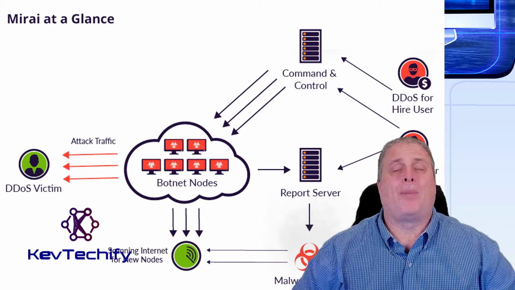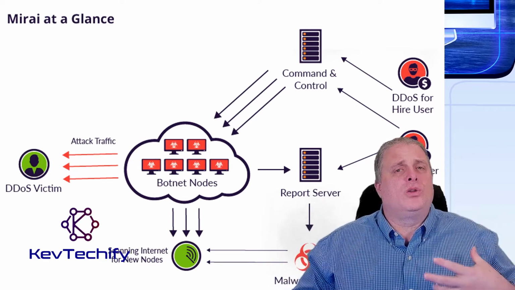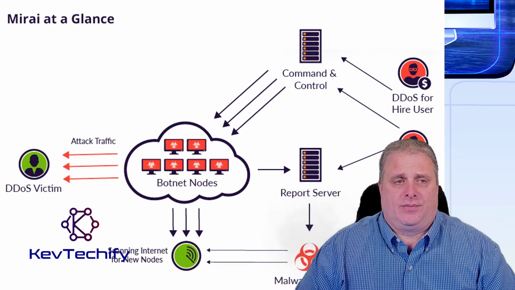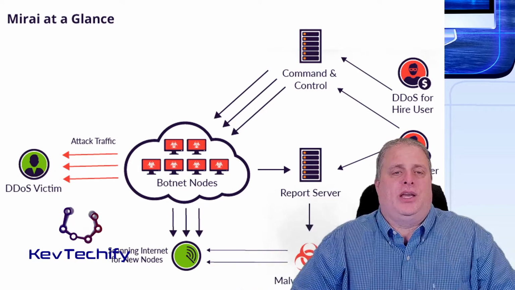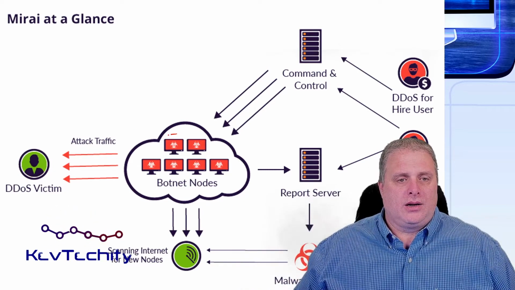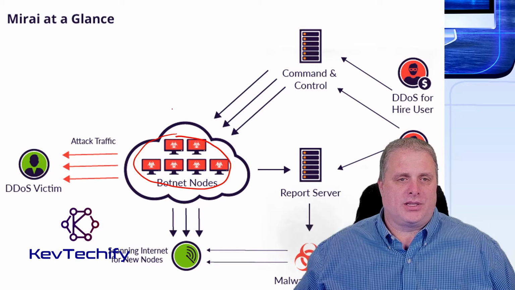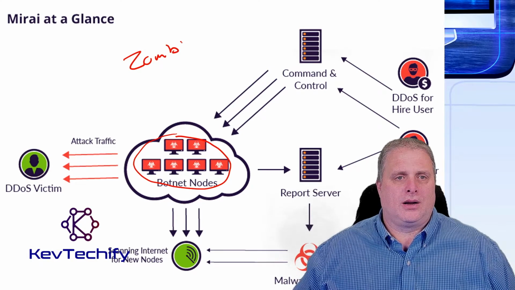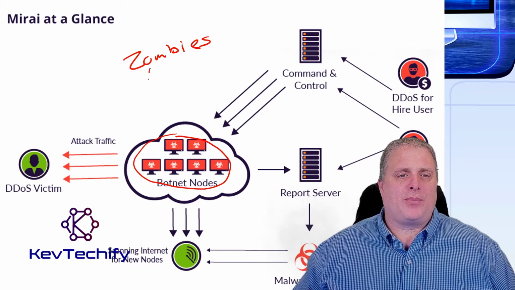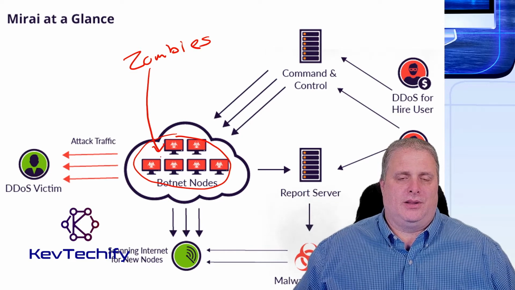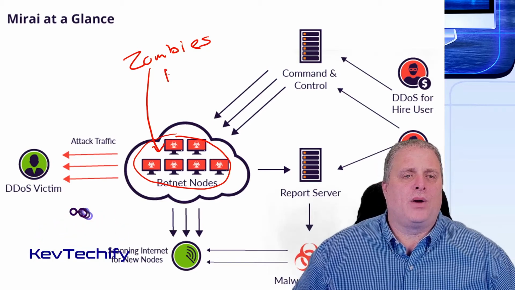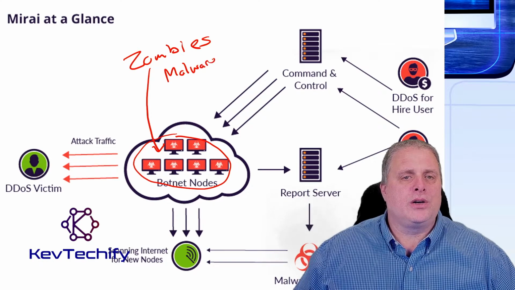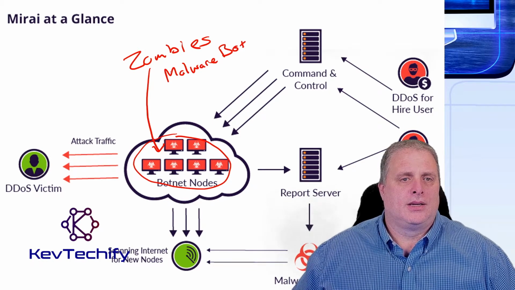The Mirai botnet is one of the bigger, more well-known botnets that were discovered out there. And when you look at this, it's a fairly complicated system. Right here, these consist of our zombies. Zombies, once again, are compromised systems. Now, what these zombies are doing is running malware, and this malware turns them into a bot.